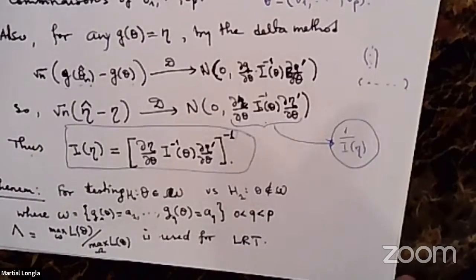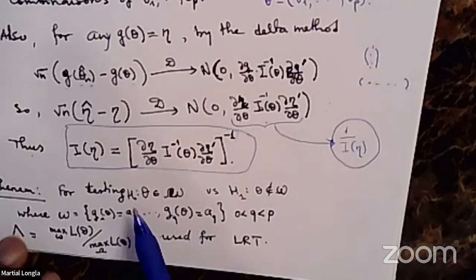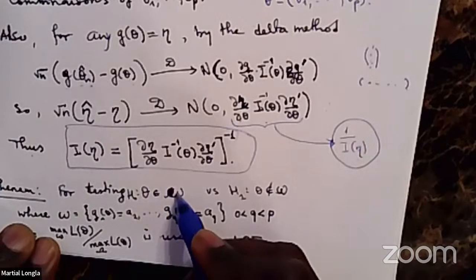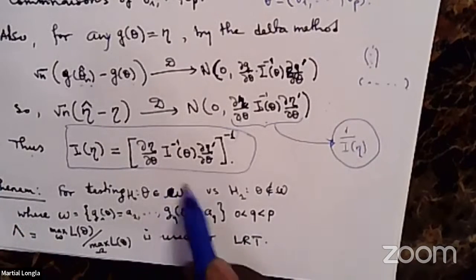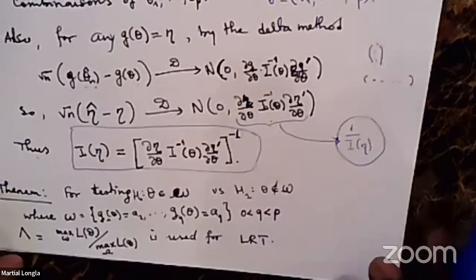And now the last thing on this topic is, what about testing? If we want to test something for multiple variables, not just separate variables as we are used to. When we have multiple variables, the test could be a little tricky. We could test that theta belongs to a set omega versus theta not being in that set.